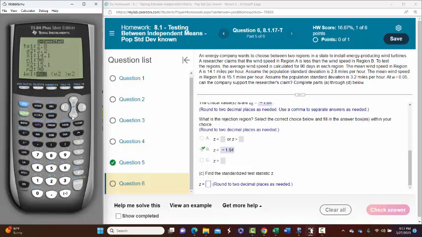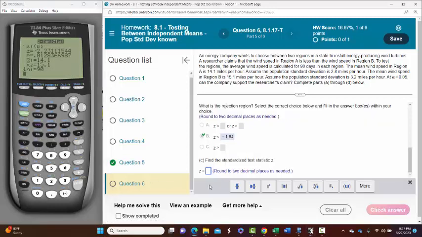This will be left-tailed, so right there in the middle. And we have the test statistic of negative 2.23.